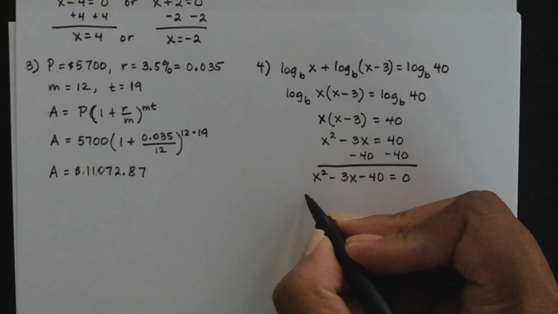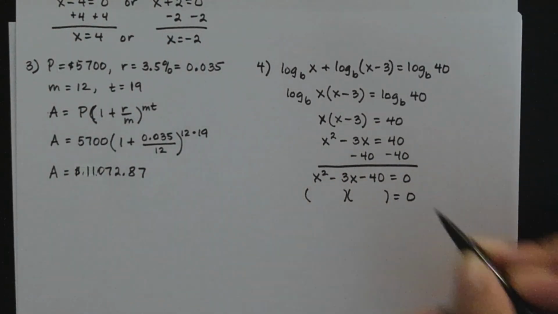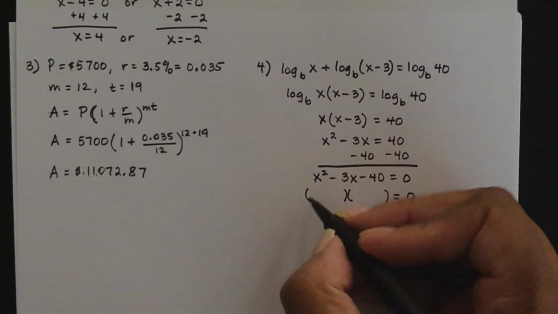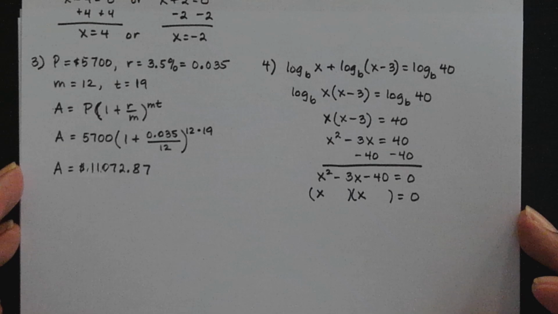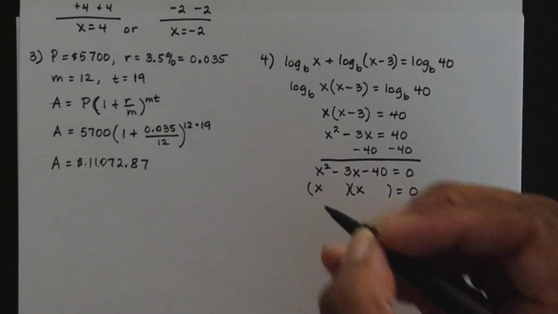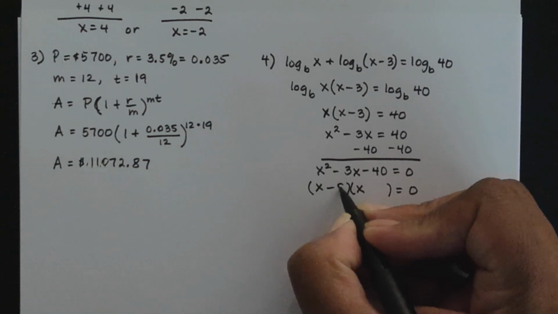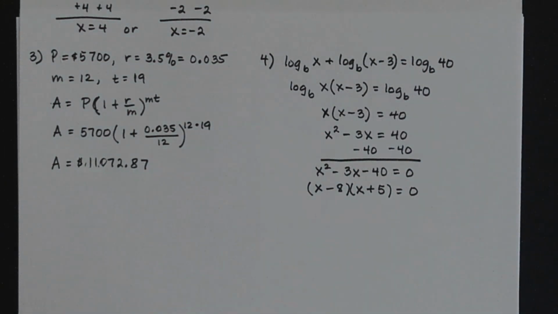Now, let's factor x squared minus 3x minus 40 into 2 binomials. So x squared breaks up as x and x. What factors of negative 40 would give me minus 3x as a middle term? Negative 8. Okay, good. Negative 8 and a positive 5. So it'd be x minus 8 times x plus 5 equals 0.